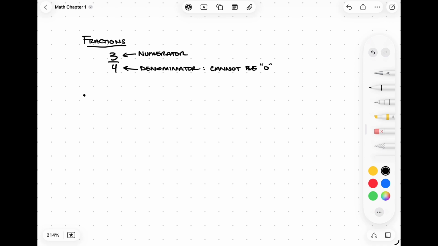So the first rule that we're going to refresh is what do we do when we're adding or subtracting? And the first thing that you're going to do is remember that there must be a common denominator.